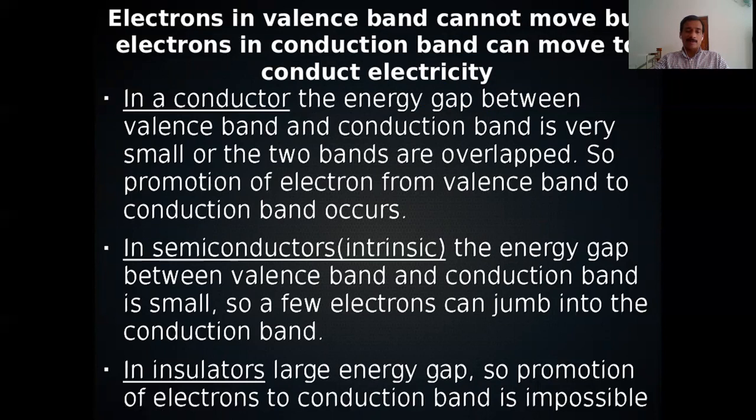Such semiconductors are intrinsic semiconductors. The energy gap between valence band and conduction band is small, so a few electrons can jump into the conduction band. In insulators, there is a large energy gap, so promotion of electron to conduction band is impossible.